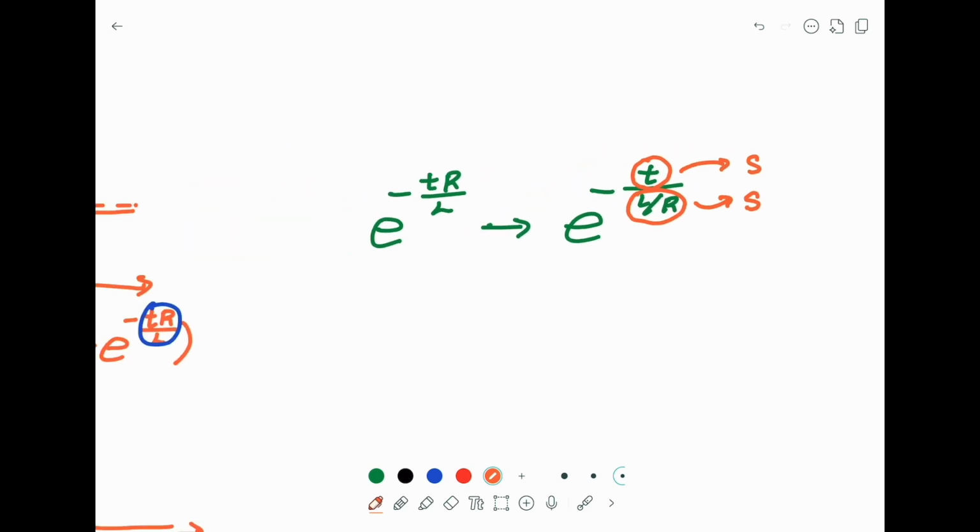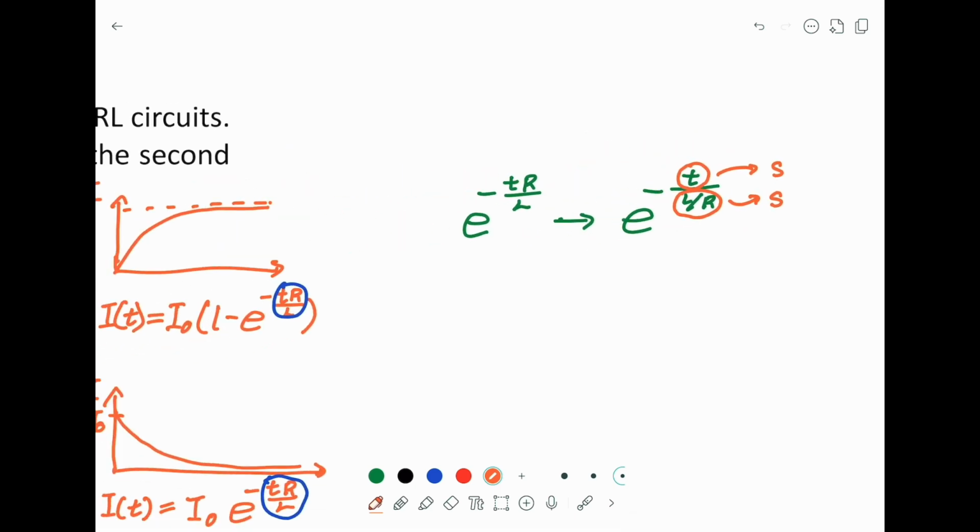So again, let's look at how L and R are defined. R is defined as V over I. And how is L, inductance, defined?